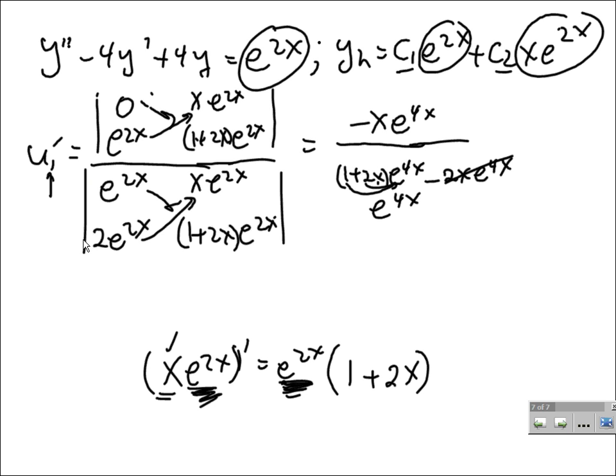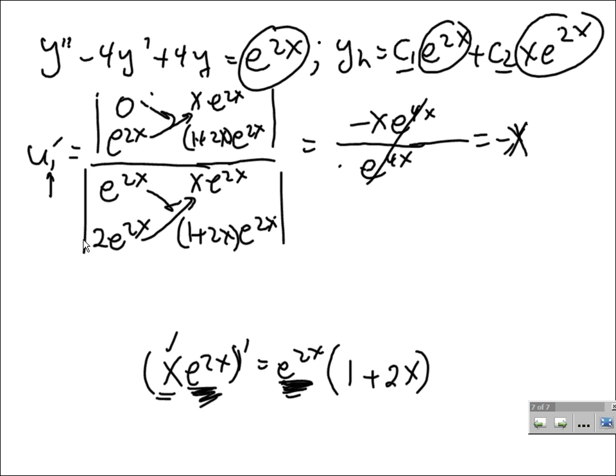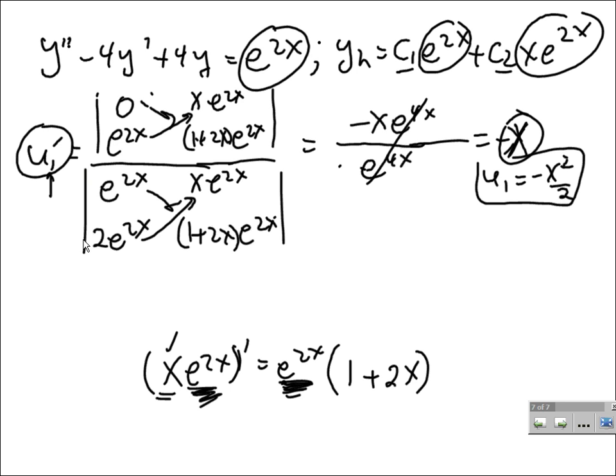That is, the bottom is just e to the 4x. And this cancels, and you get negative x. So u1 prime is negative x. I integrate that, I get u sub 1, negative x squared over 2.